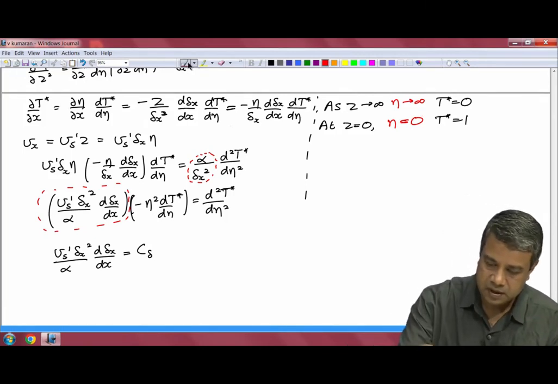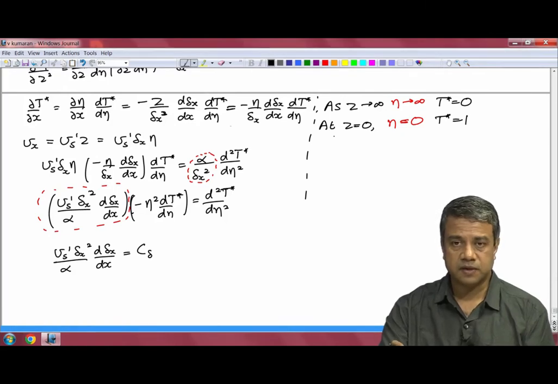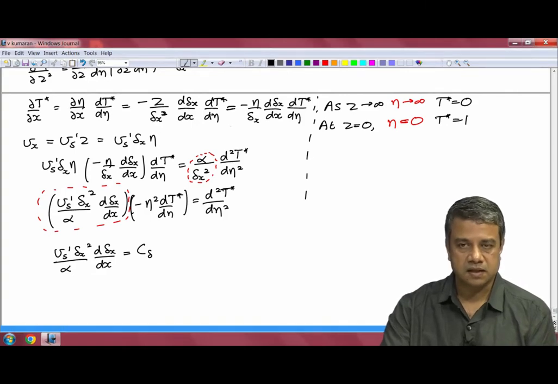And the other condition was that at the start of the heating section, the temperature was equal to T infinity throughout the fluid, because it had just entered the heating section, and at that location there had been no heat transfer yet.